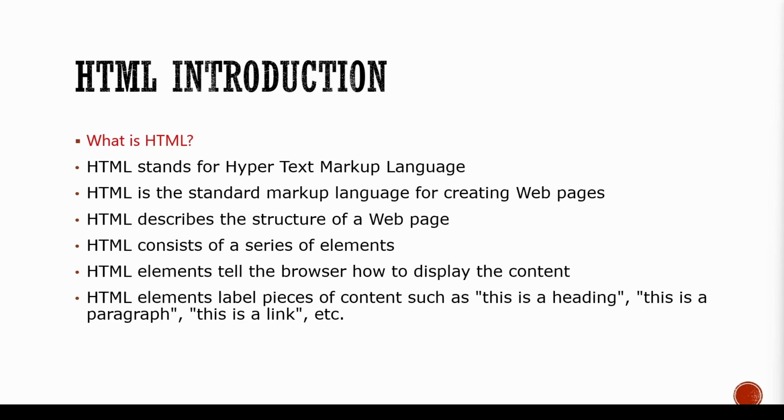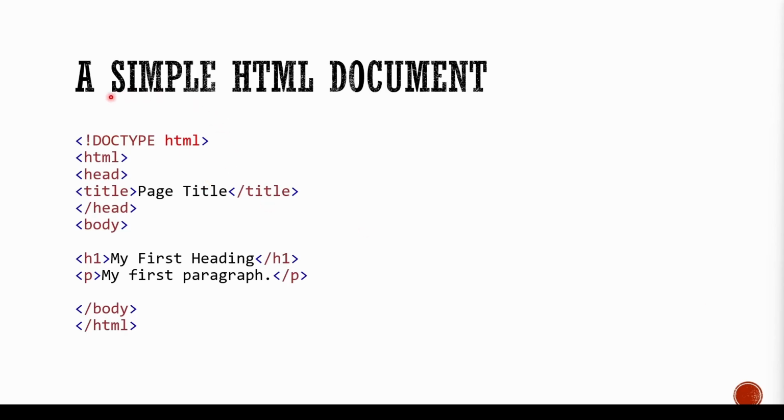So let's have a look at the code. This is a sample HTML document. Just have a look. I'm going to explain it with an example. So doctype, HTML, head, title, head ends here. If you see the less than sign and then a slash, that means it is going to end.